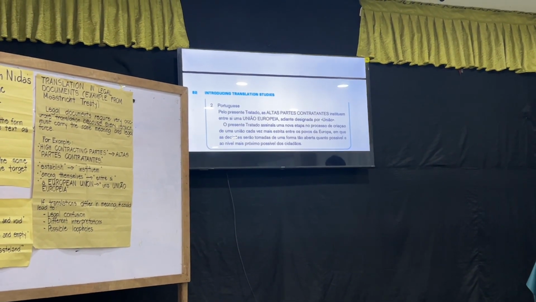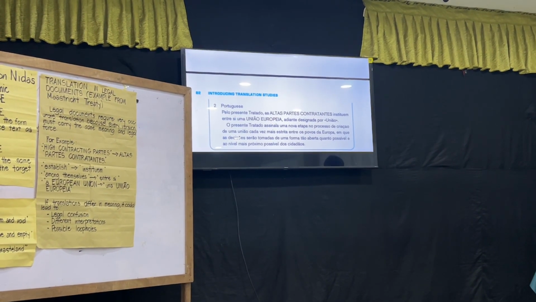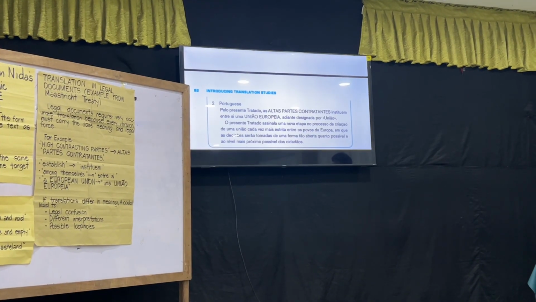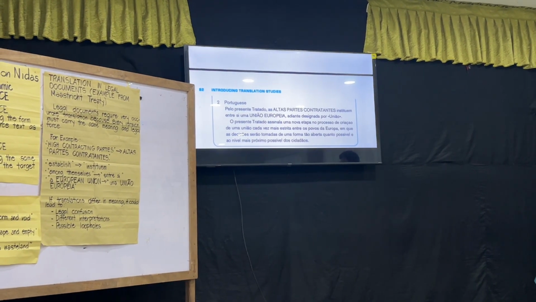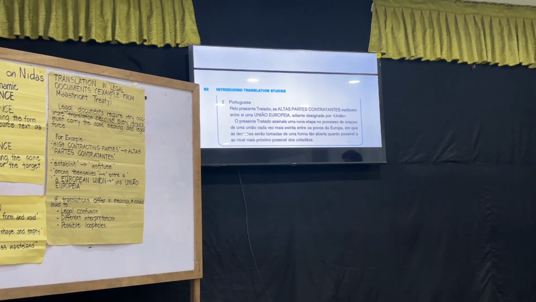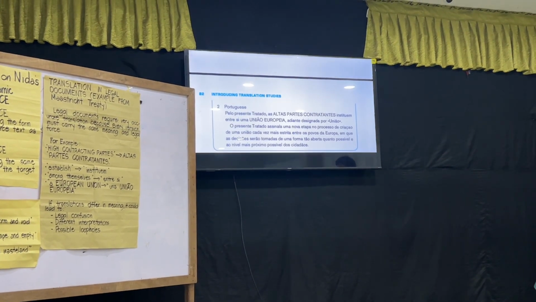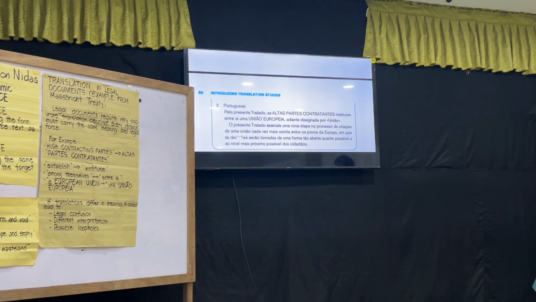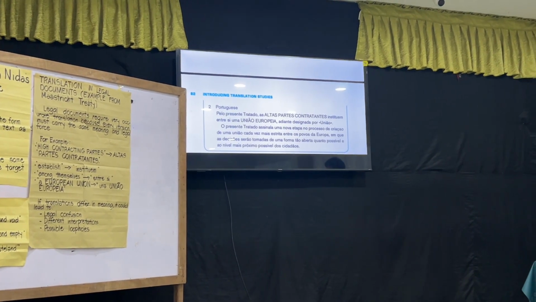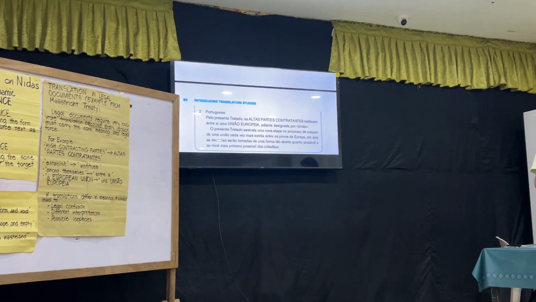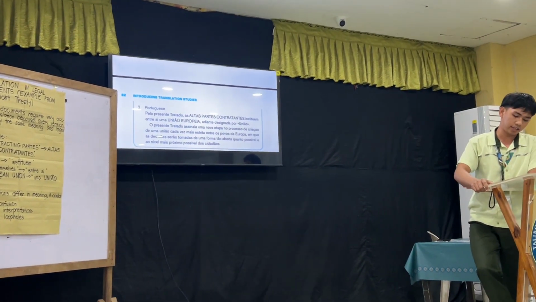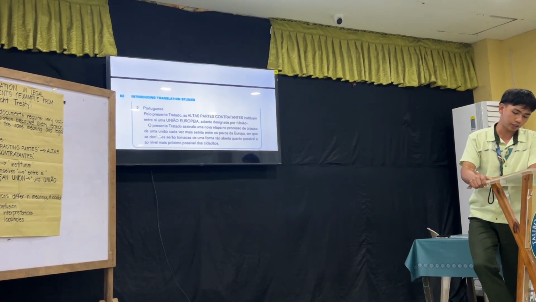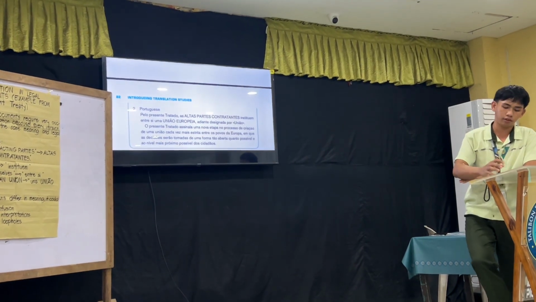So, in conclusion, this example shows that legal translation must maintain very close equivalence between languages. Even small differences in wording can influence interpretation, which is why translators must carefully balance accuracy, natural language use, and legal clarity. Thank you.